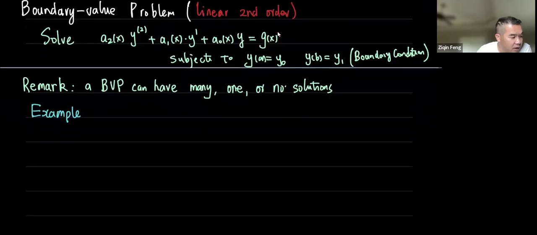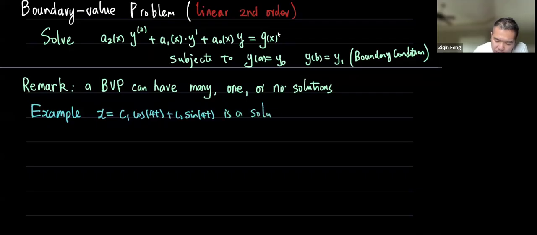The example here is we know that x equal to, I think we checked this before, c1 cosine of 4t plus c2 sine of 4t is a solution of x double prime plus 16x equal to 0. If you want, you can check that again, right? You take the derivative twice and plug into our equation. The equation will be satisfied.